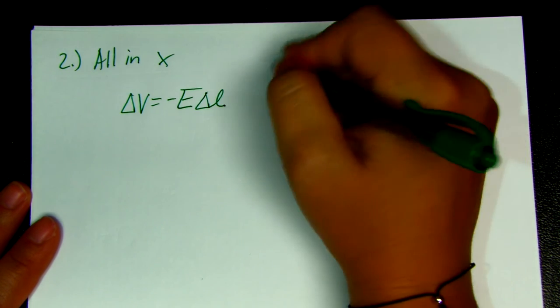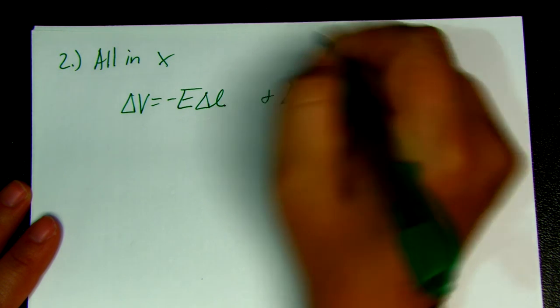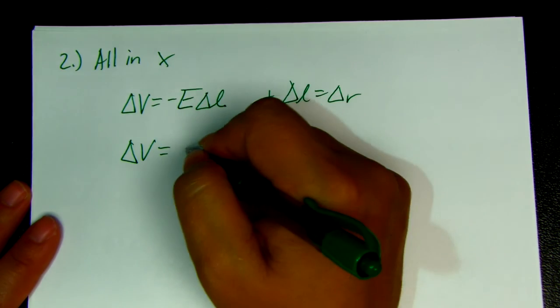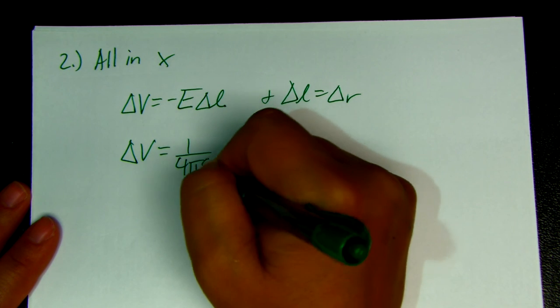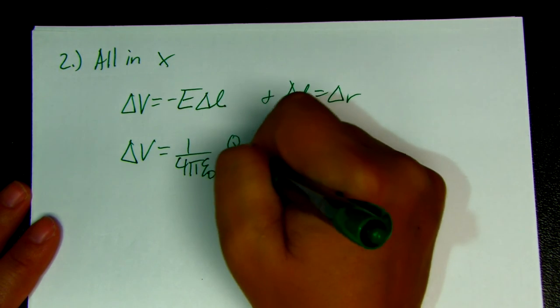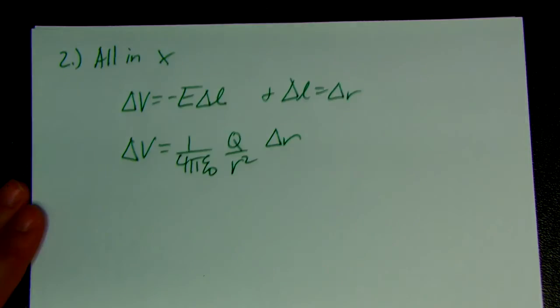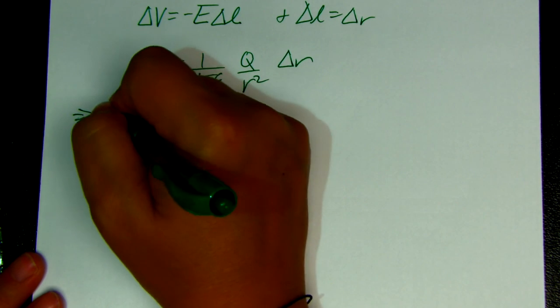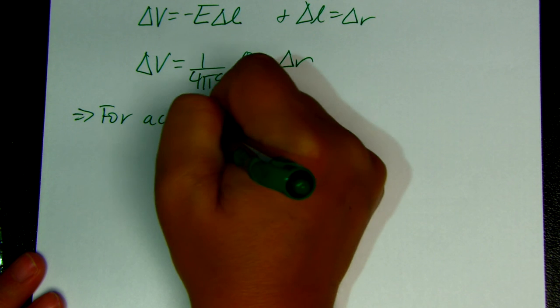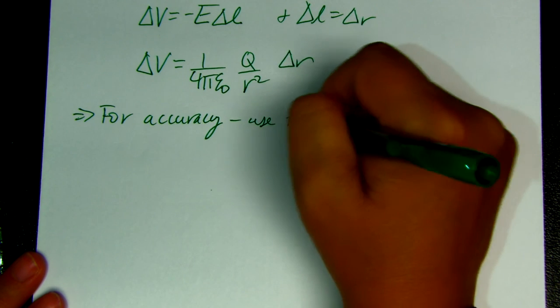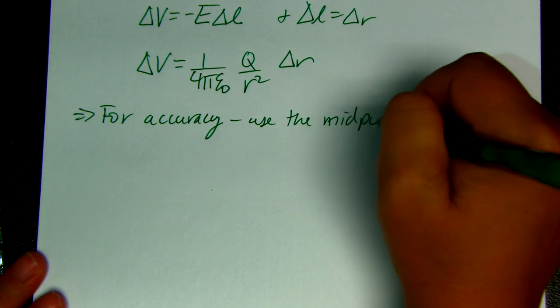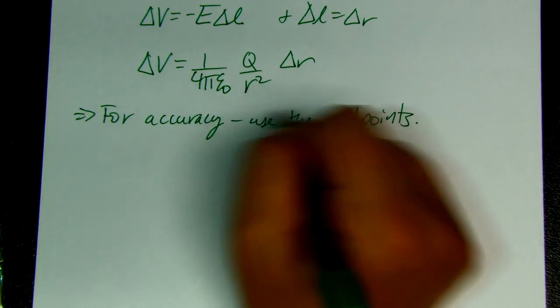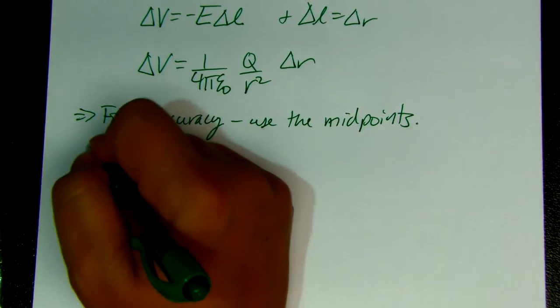Delta V is equal to minus E delta L, and delta L is equal to delta R. Delta V, the field of a point charge, is 1 over 4 pi epsilon naught Q over R squared times delta R. And when you're doing slices like this, for accuracy, you want to use the midpoints. So we've got our expression for delta V of one slice, so that ends step 2.